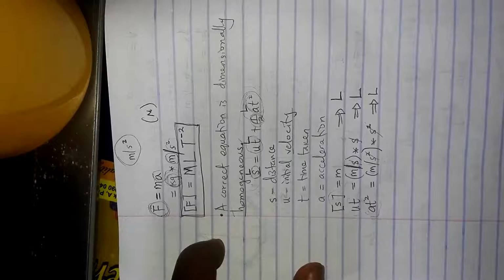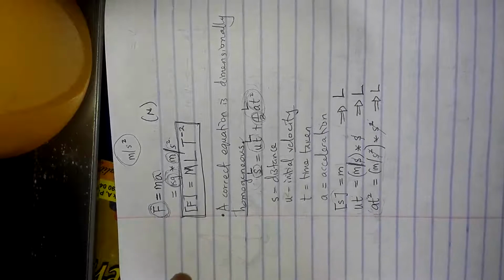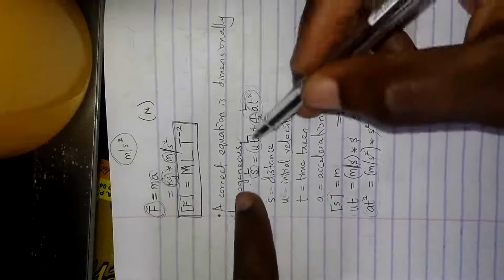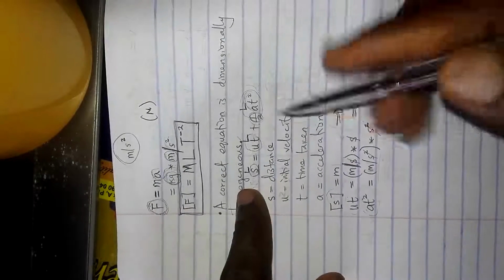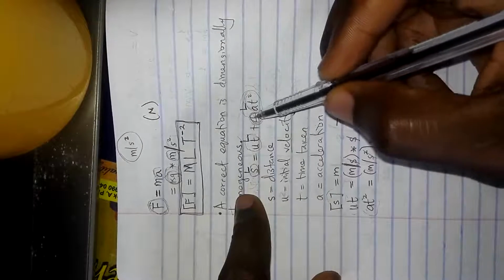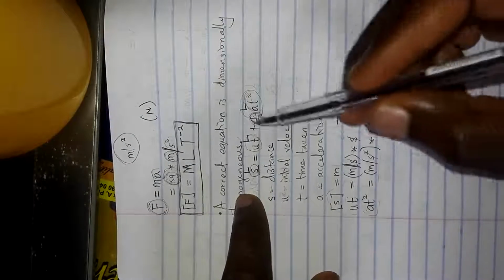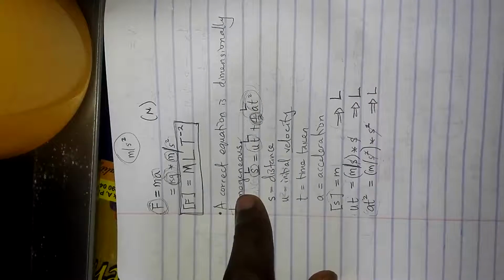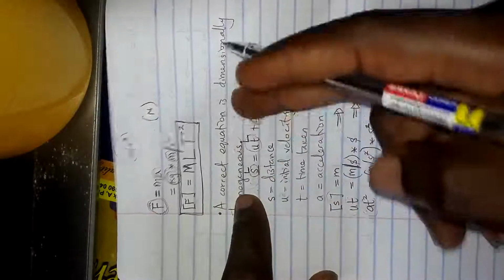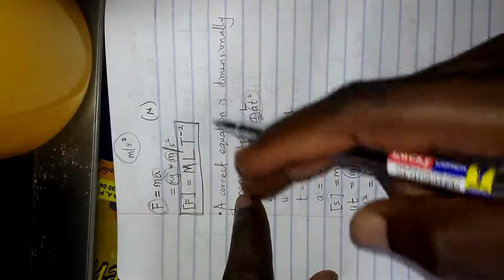Now, as far as dimensional analysis is able to establish, I can say this is correct. That does not mean that this is actually correct, because there may be a wrong coefficient here, but dimensional analysis cannot establish that. Dimensional analysis can only establish, based on the dimension of the quantities, whether or not the equation is correct.